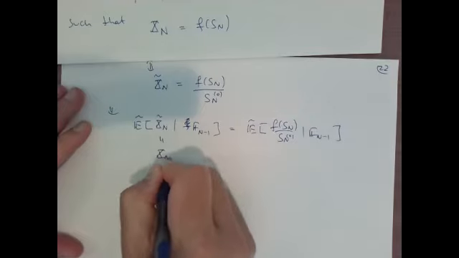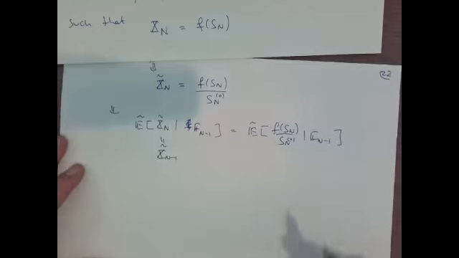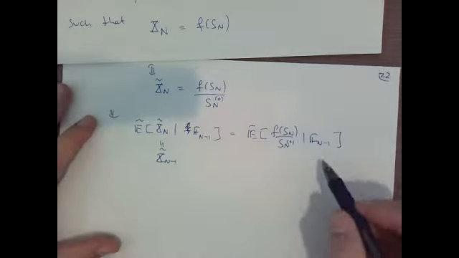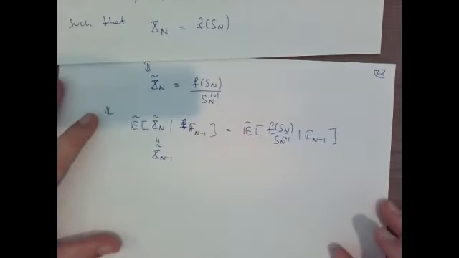This is exactly xn minus 1 tilde, because I know that discounted wealth processes are martingales. So this is going to give me a formula for the wealth at time n minus 1. And likewise, the thing I have on the right hand side, I can actually compute.